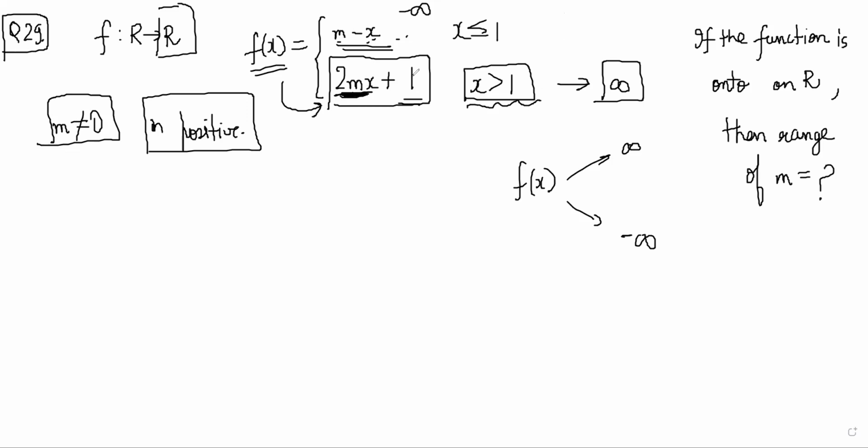And in this case, there is no restriction. m can be whatever, and x will go down to minus infinity. So what I'm getting is m should be greater than 0. That's it, no other restriction. So D should be the answer.